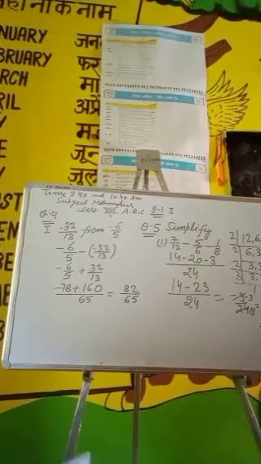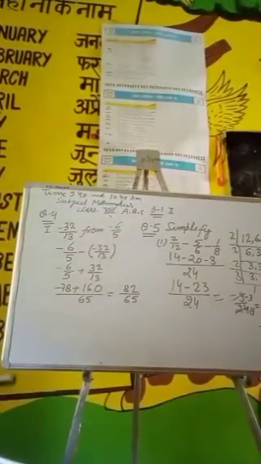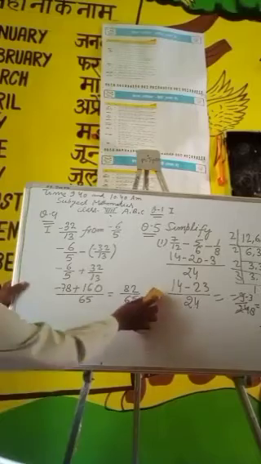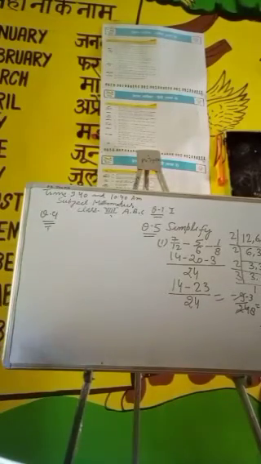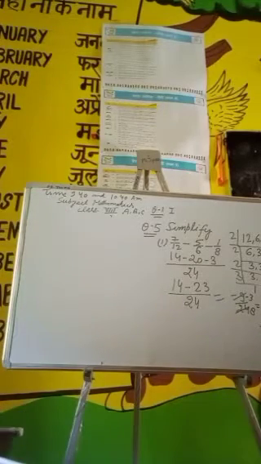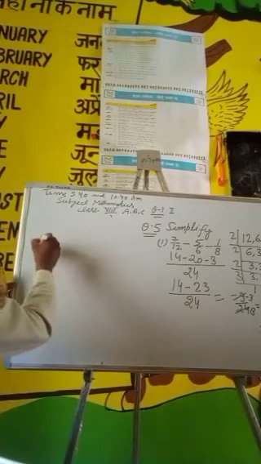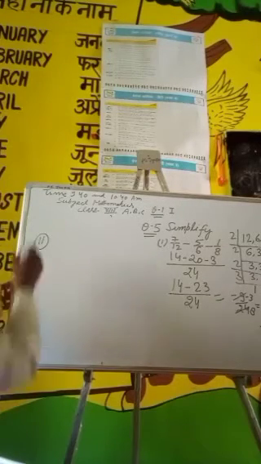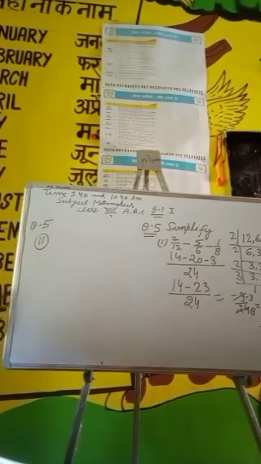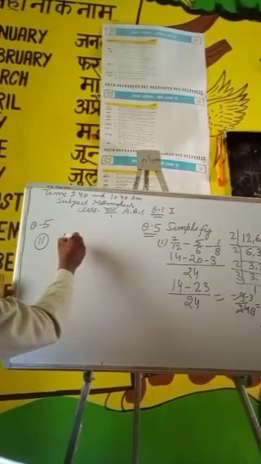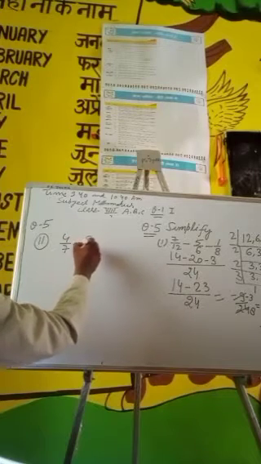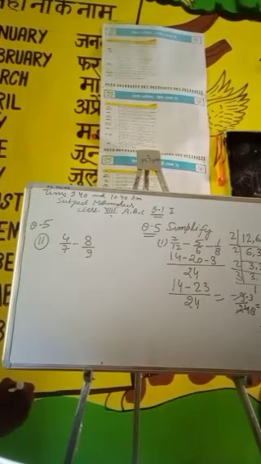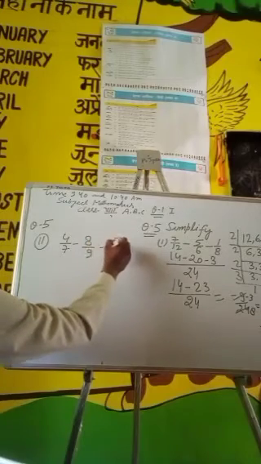Question number 5, second part. 4 upon 7 minus 8 upon 9 minus 5 upon 3.